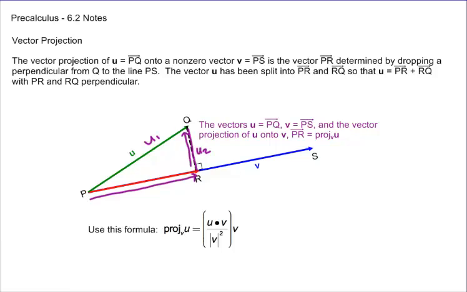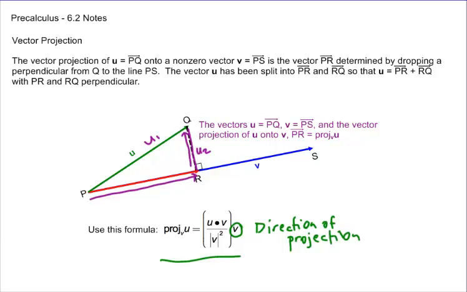So what we're trying to do is find those two things, and we use a formula for that. It looks really weird, but it's not that bad. It's just going to be u dot v divided by the magnitude of u squared, times the vector v, because remember with vectors you get a direction off of this guy, so this guy is going to be the direction of the projection.